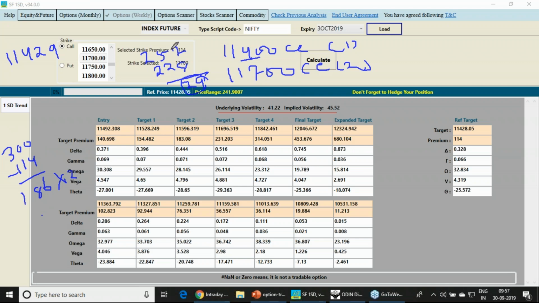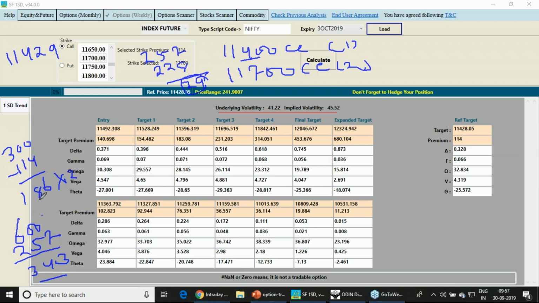And at 12,000, 600 minus 257 will be the profit in the 11,400 call, so 343 profit. However, near to 400 rupees of loss. So there is a 50-60 rupees loss that will happen.